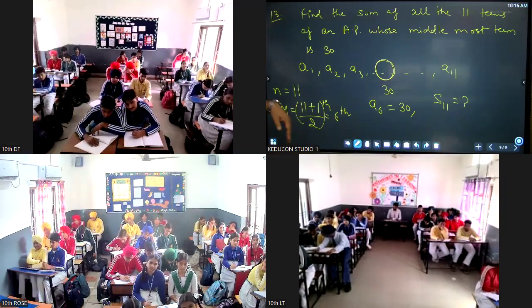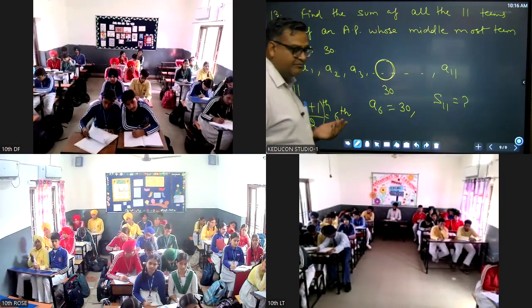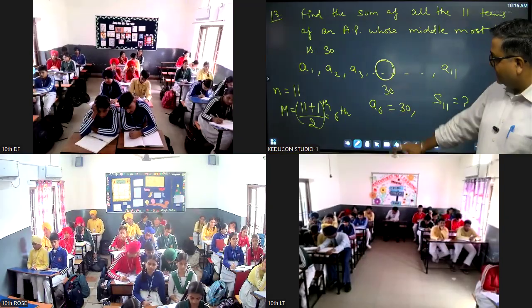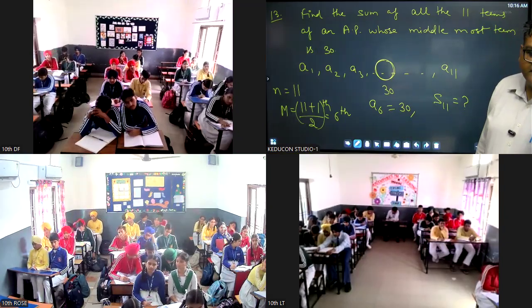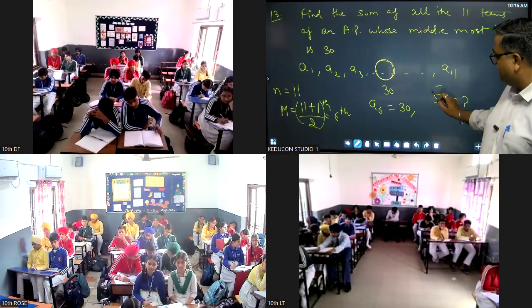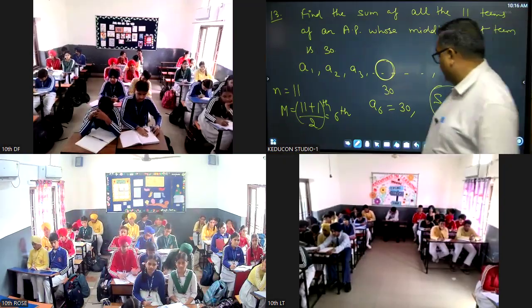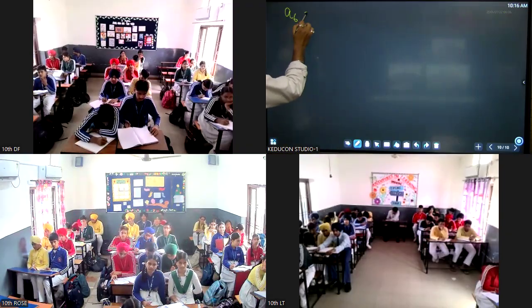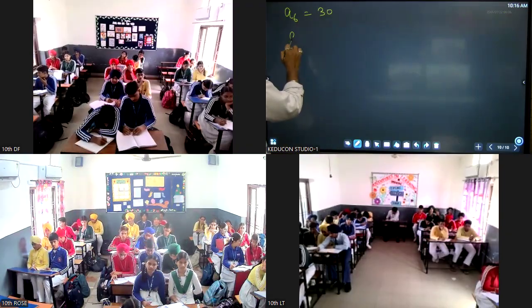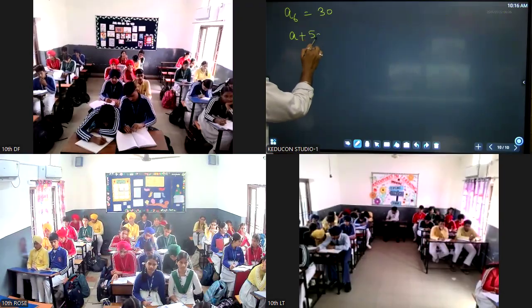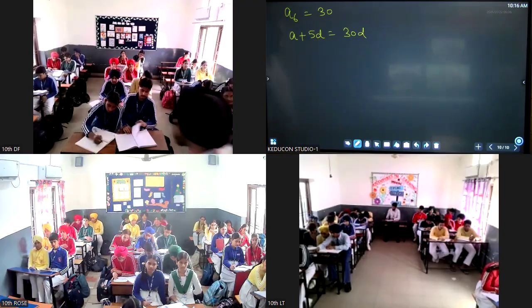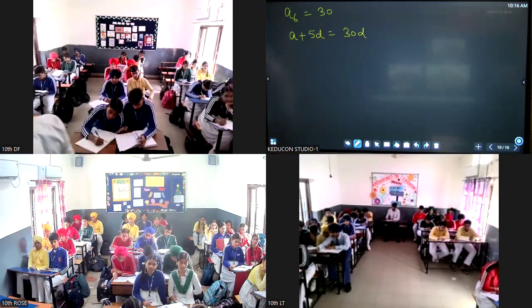We have come to know which is the middlemost term. The middlemost term is the 6th term, and it is given that the 6th term is 30. We have to find the sum of the 11 terms. How to do this now? A6 is 30, means A plus 5D is 30. Is this clear, bachcho? Is this clear or not?